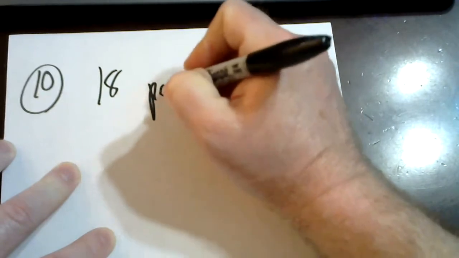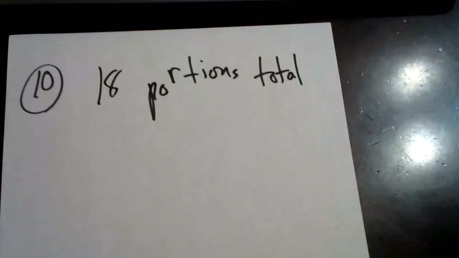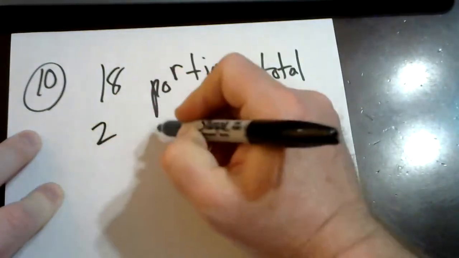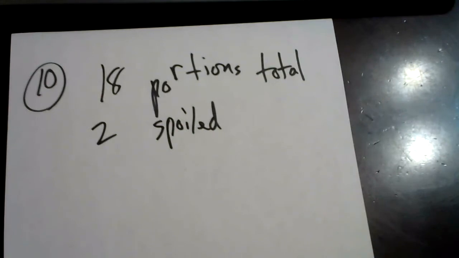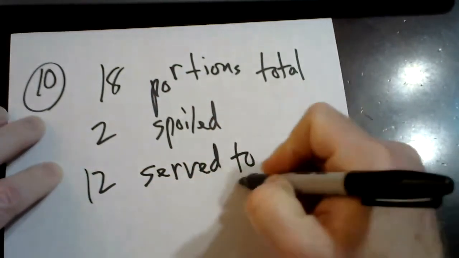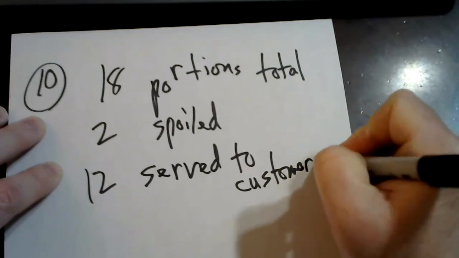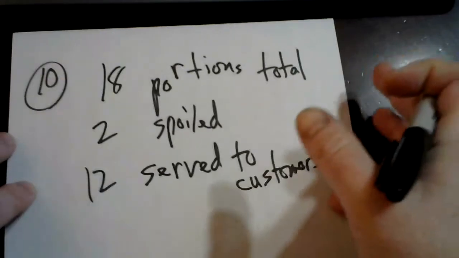Well, let's write down the information. We have 18 portions total. And 2 of them are spoiled. But we're going to serve 12 to customers. That's the information in the problem. But what are we being asked to find? It says, what is the probability that at least one customer will receive spoiled food?